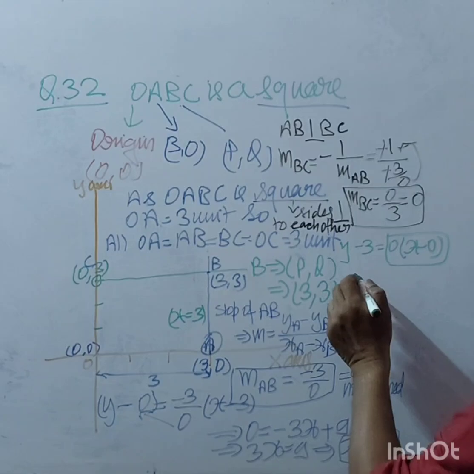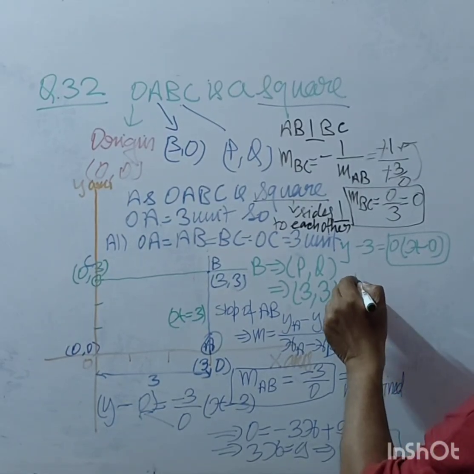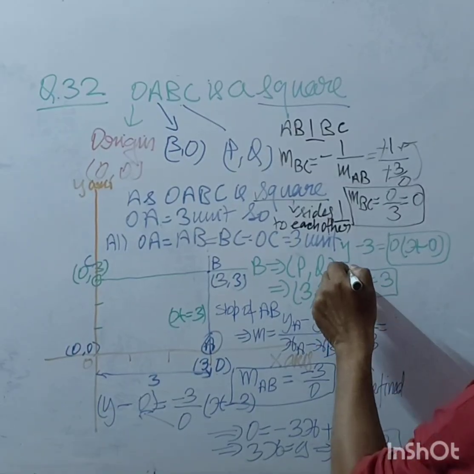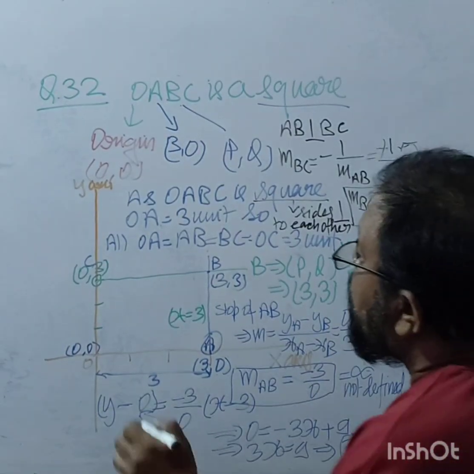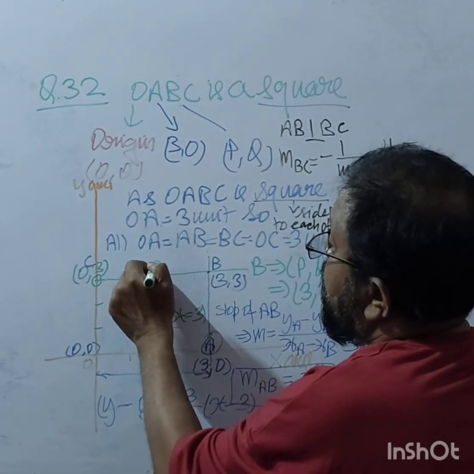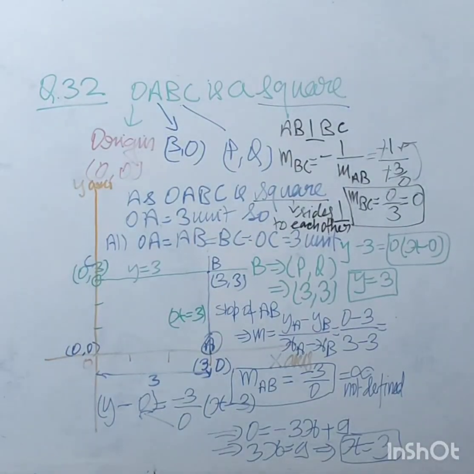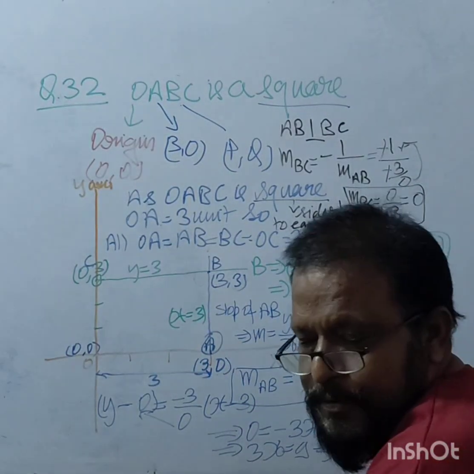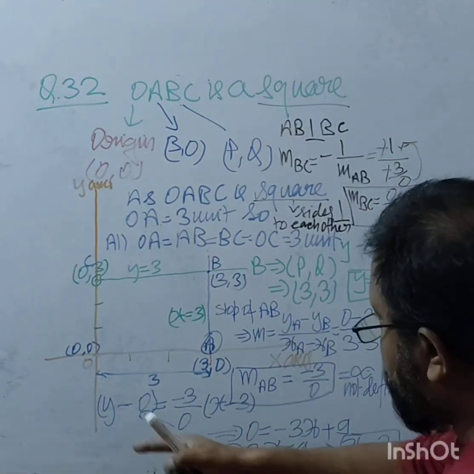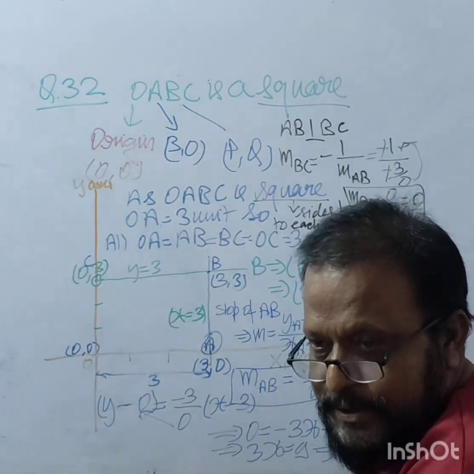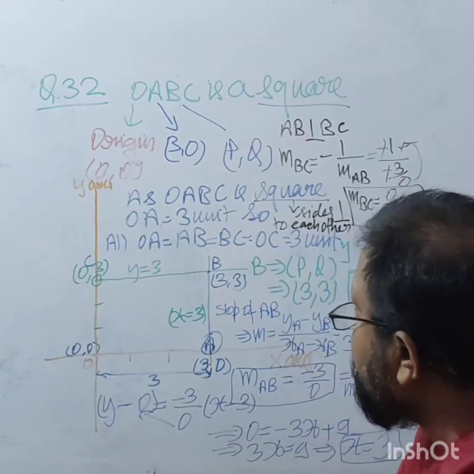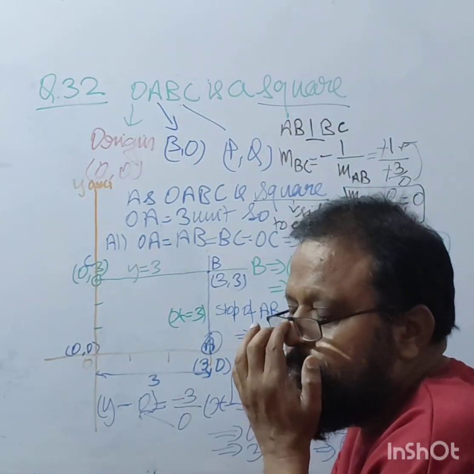So y is equal to 3. So the equation of line BC is y is equal to 3. For any value of x, y is 3. So this is how we get the equations of lines. What is your answer? Same? You understand this? This is how we can solve.